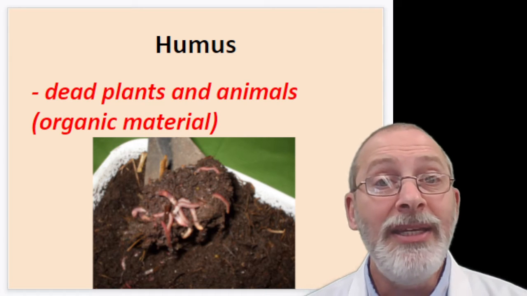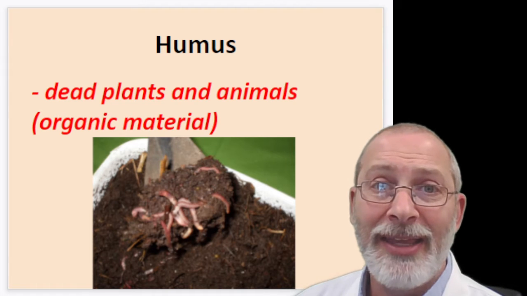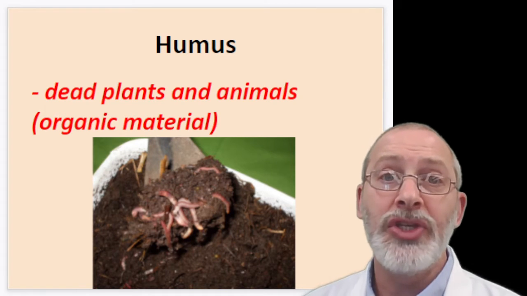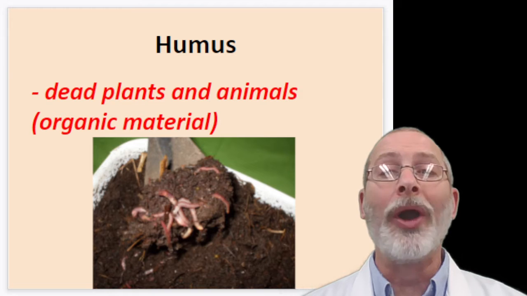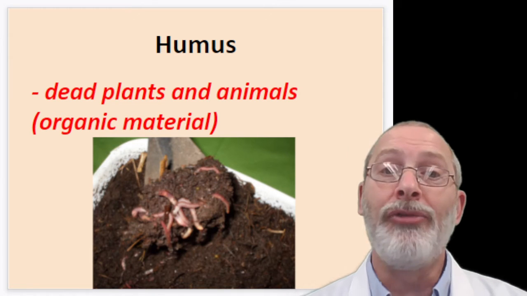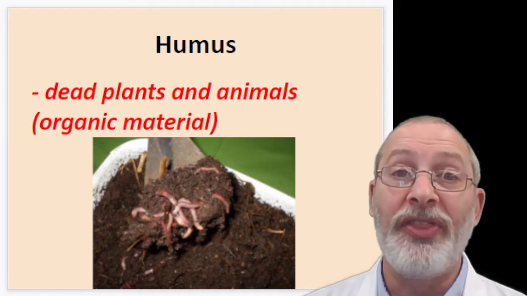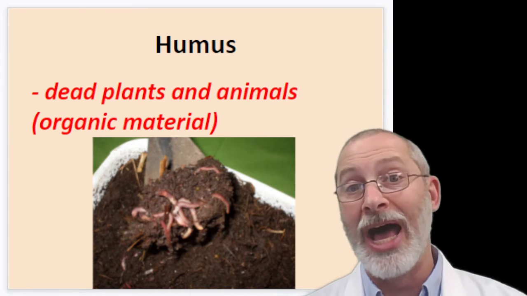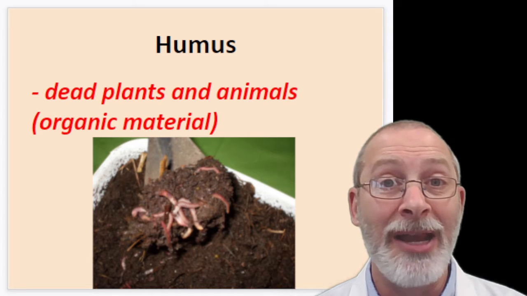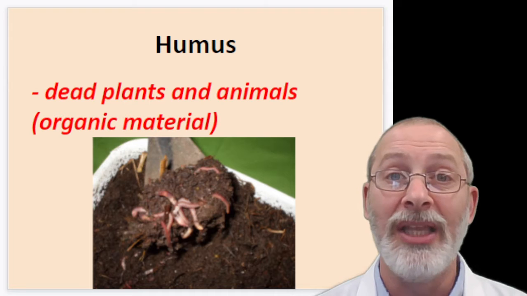includes the dead plants and animals that can be found in soil. It is the organic material. Organic refers to life, living things, or things that once were alive. So plants and animals that die, they're organic because they were once alive.